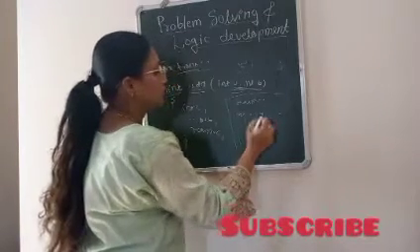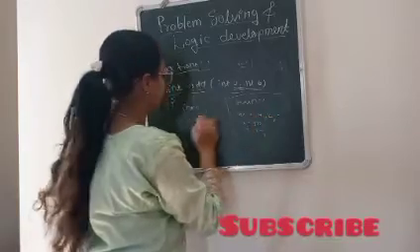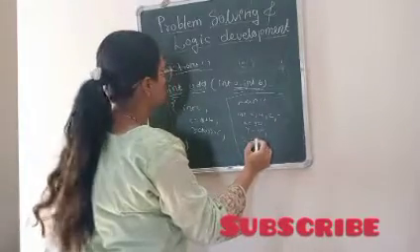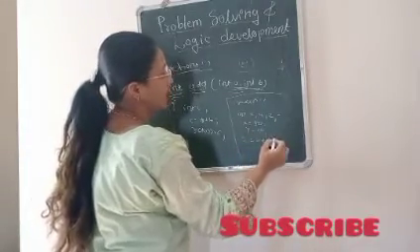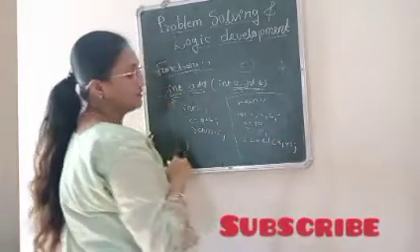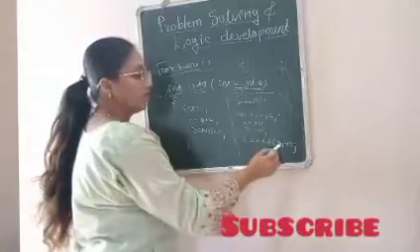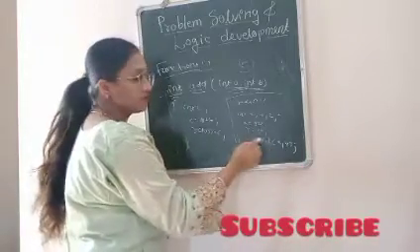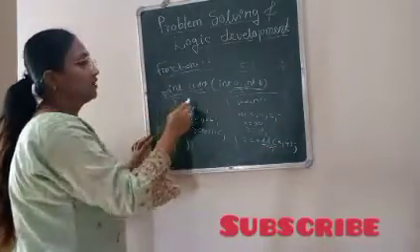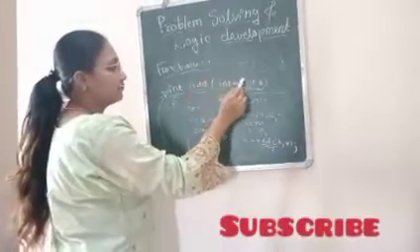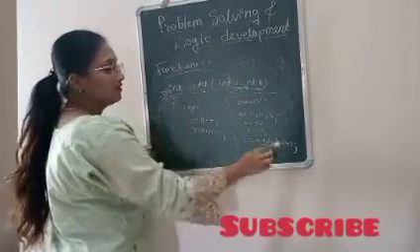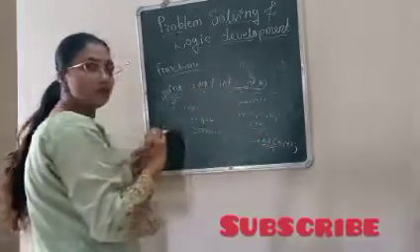Then how to call? I have to take one more variable to accept the value returned by this function. z equals add, I have to pass x and y, and semicolon. So what we are doing here is passing 50 and 10 to the function. Now the control goes to the function definition, and here we are accepting the values of x and y. x is copied into a, y is copied into b.